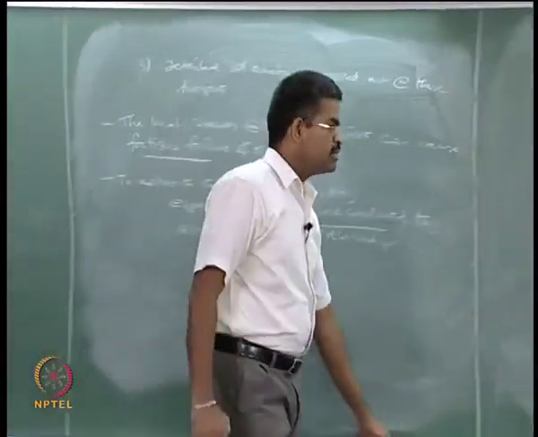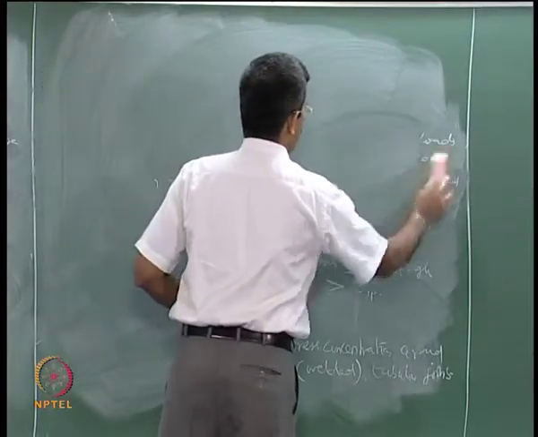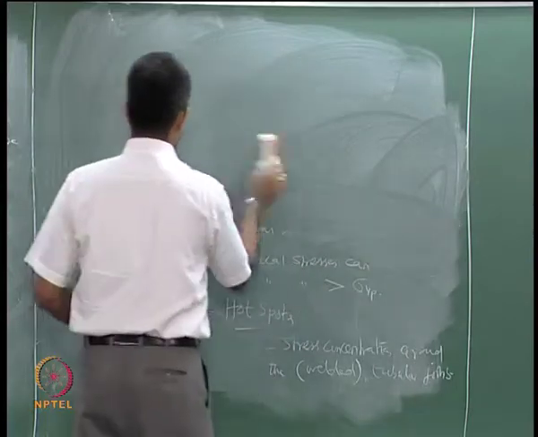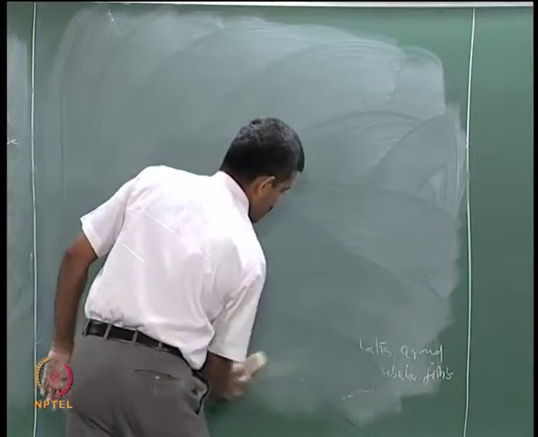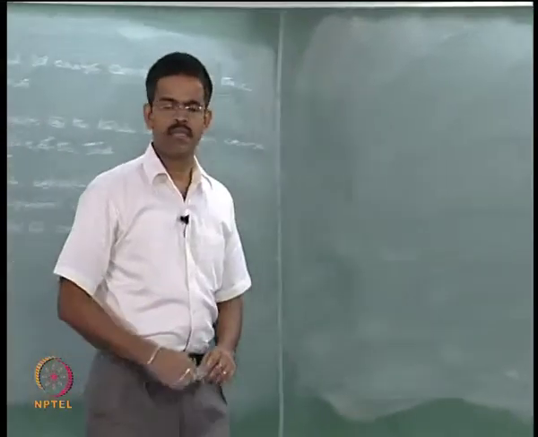So, what are these joints? The geometric configuration of these joints, how are they named? We will see that in this lecture. Then in the next successive lecture we will talk about how they are analyzed.